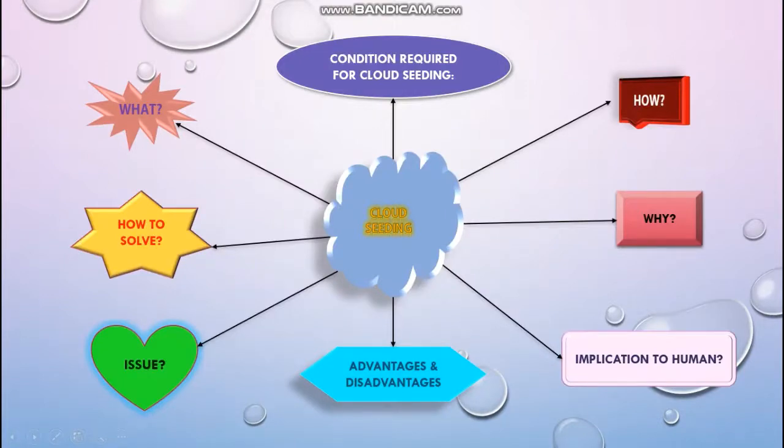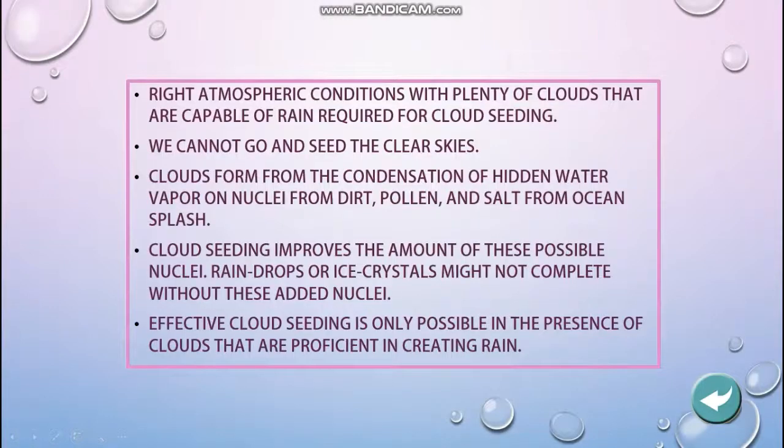Next, we will talk about conditions required for cloud seeding. First, the right atmospheric conditions, with plenty of clouds that are capable of rain. We cannot go and seed the clear skies.